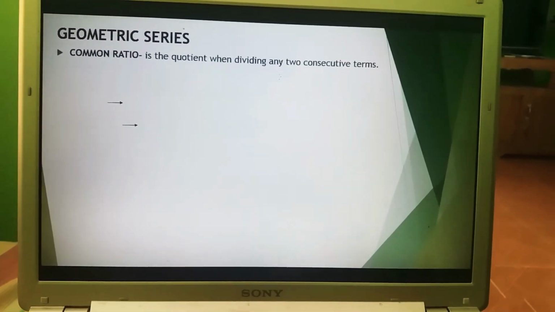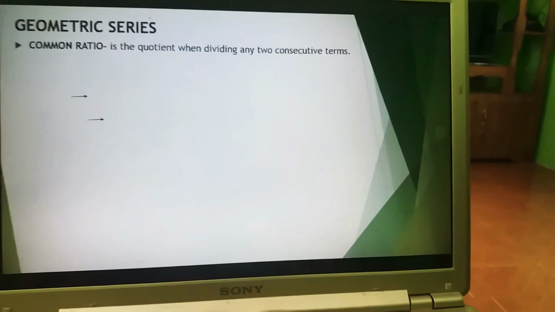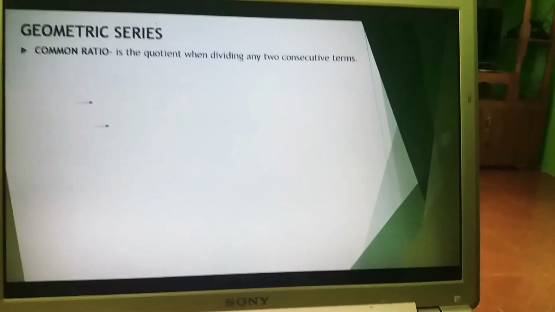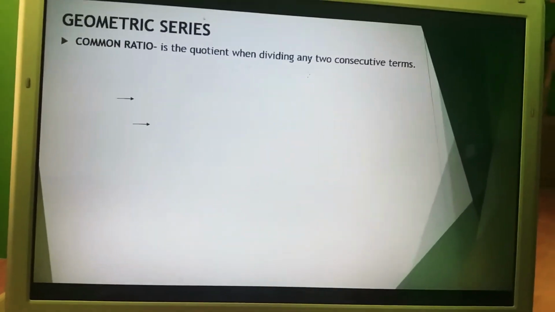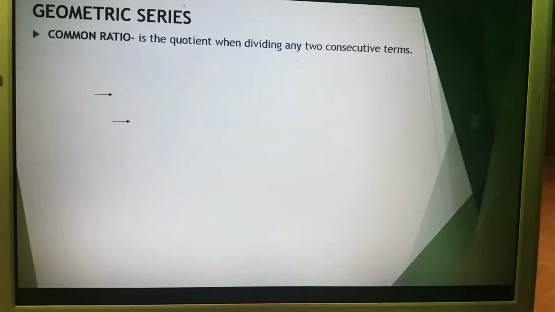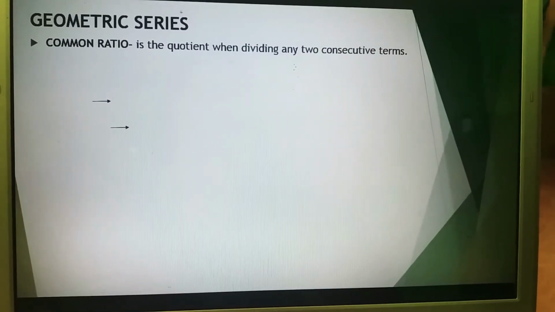Okay, so let's have this. What is a geometric sequence? Kung kanina sa ating arithmetic series, we have your common difference, kasi ang ginagawa natin, pinagmaminus lang natin yung consecutive terms in the series.